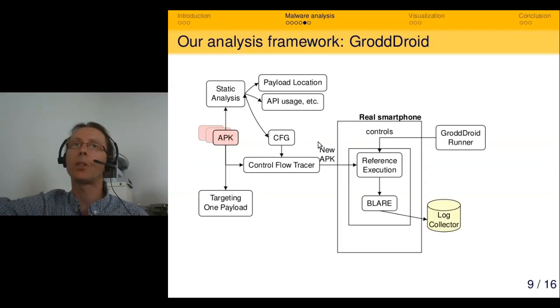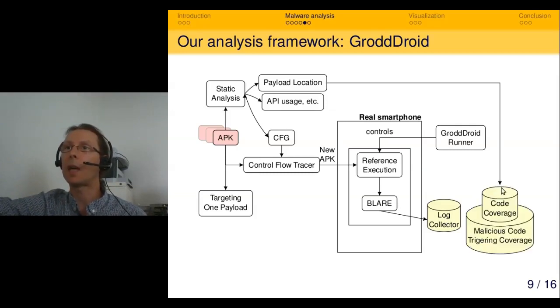And with this information, we can then execute the application on a smartphone. We push an application onto a smartphone and then we execute it and we observe what is happening in the operating system of the smartphone, and we collect some logs. At the same time, we collect other logs about the code to know what parts of the code have been executed. And all these things at the end go to the visualization.